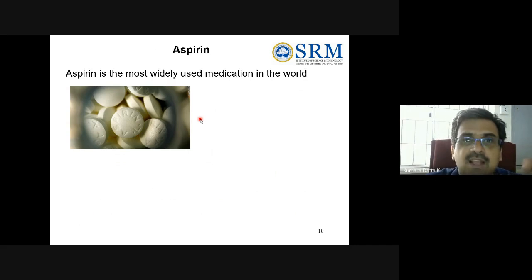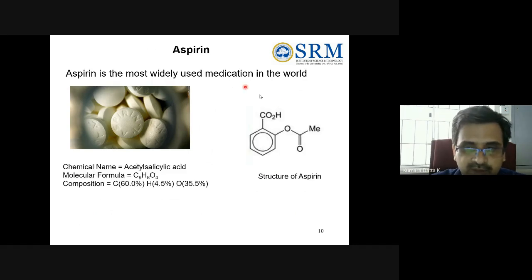Now, aspirin is the most widely used medication in the world. Aspirin is acetyl salicylic acid. You are all aware of salicylic acid, OH, COOH. So this is the structure of aspirin, its formula and composition.